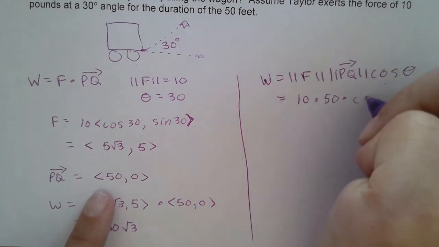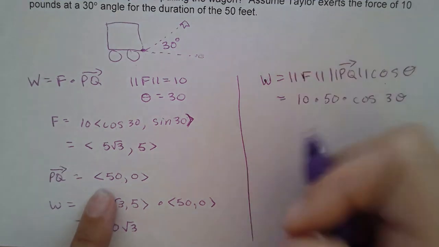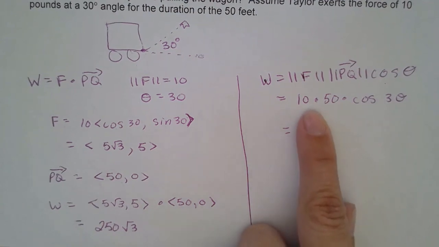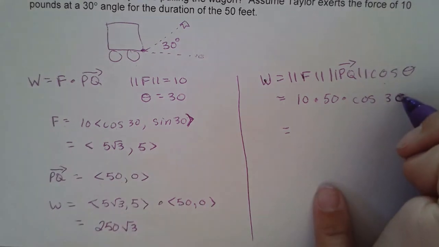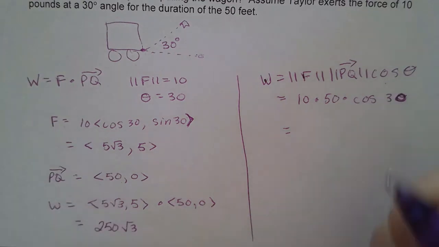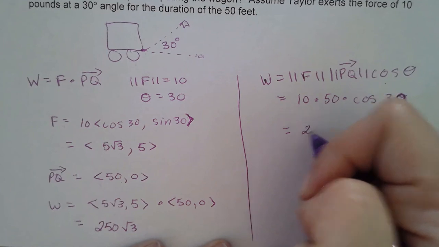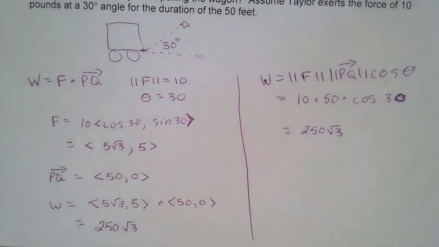Then we have cosine of 30 degrees. 10 times 50 is 500, and cosine of 30 is square root of 3 over 2. So 500 times square root of 3 over 2 is 250 square root of 3. So we do get the same answer.